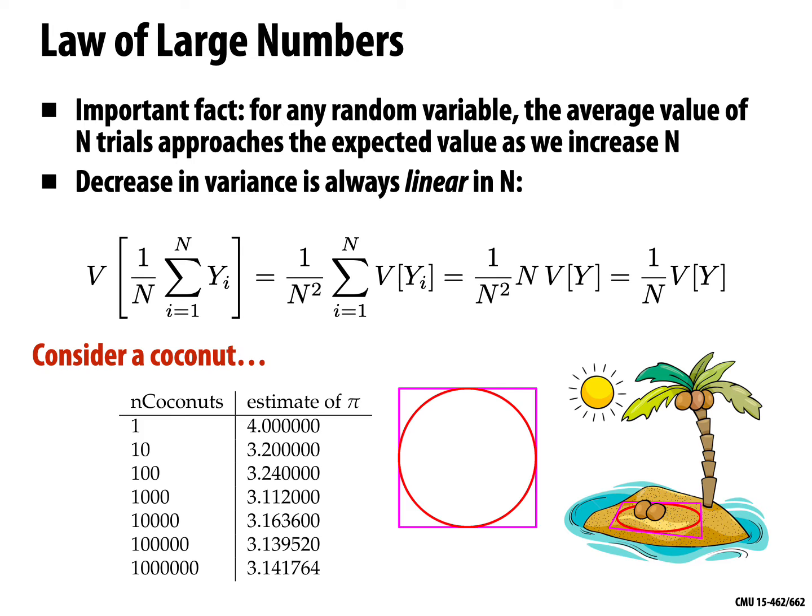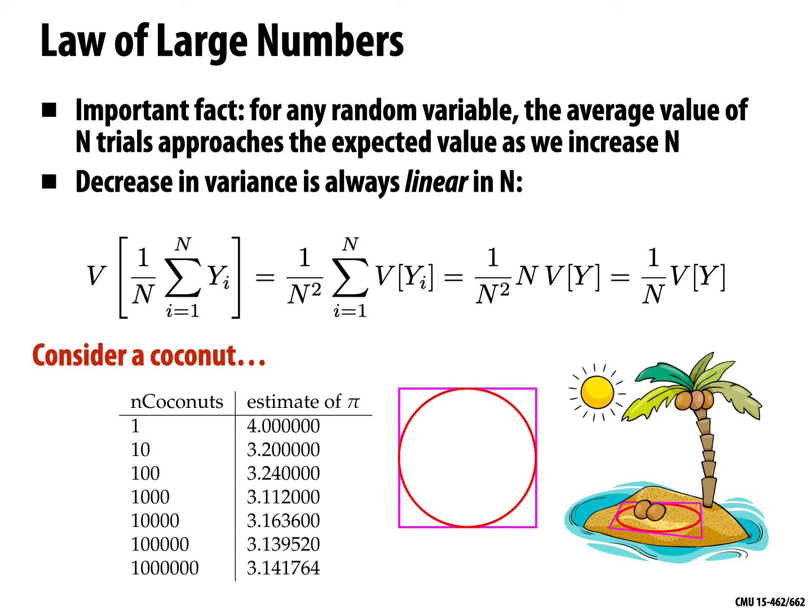And that fraction, because you know that the area of a unit circle is, well, it's pi r squared, but r is 1, so it's just pi. So you're going to get a good estimate of pi as you drop more and more coconuts into this square. And so we can really, okay, I didn't do this on a deserted island, but I can easily do this on my computer.